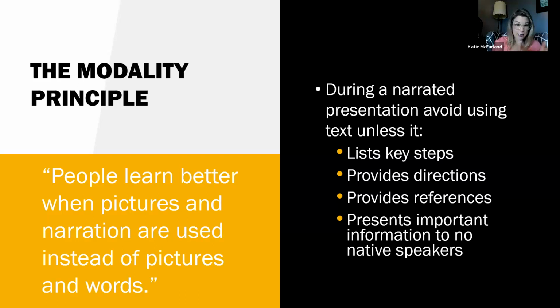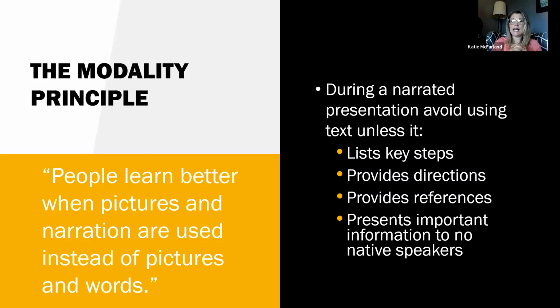They're going to be reading words and looking at demonstrations or pictures. And so there's two visuals coming in on that visual channel. When we're doing narration and pictures, we're then only using one piece of information from one channel, and it's going to be easier to process. So try to minimize the amount of text if you're using narration, only listing key steps, bullet points, providing references, important information.